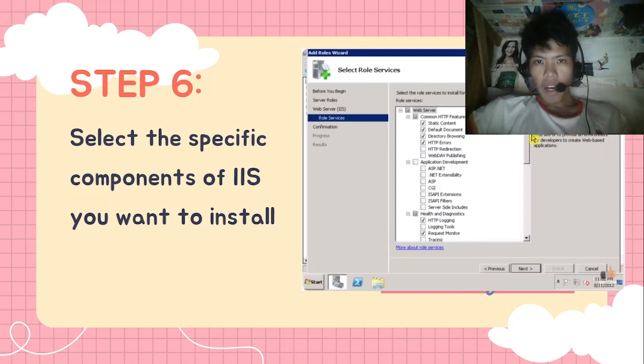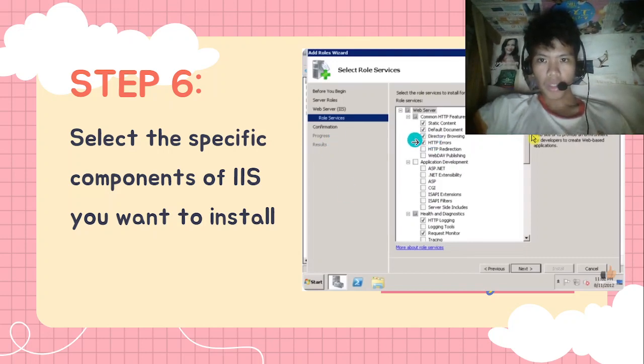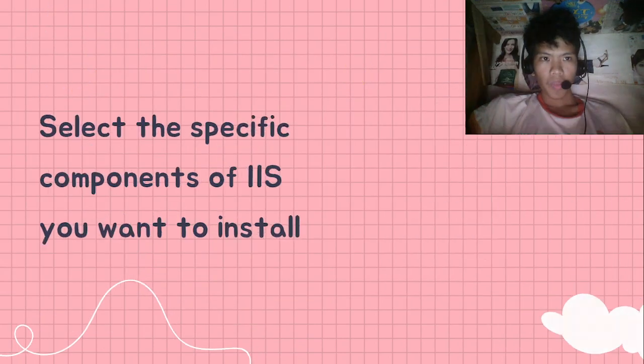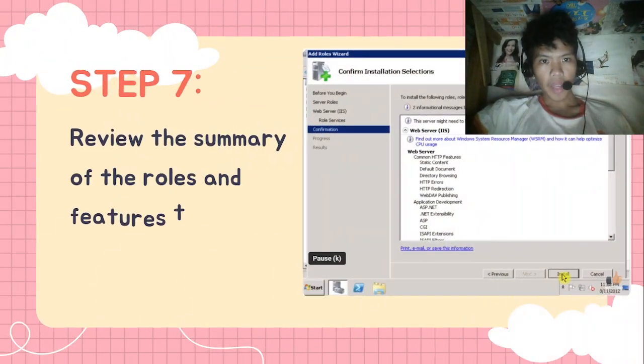But after you made it into this process in the wizard, there is already a default check that is present here. These are the default needs for IIS, mainly the basic or static web pages or HTML.